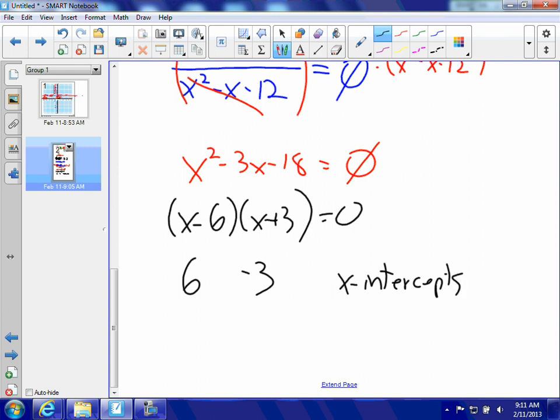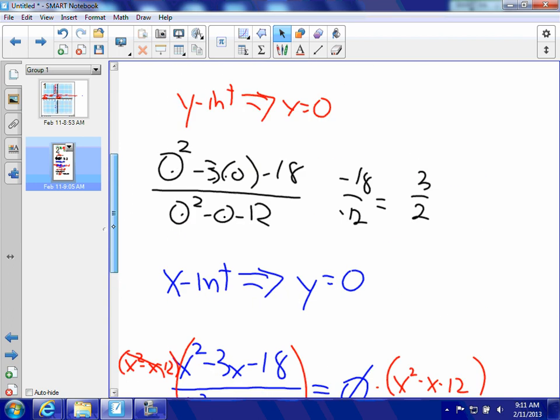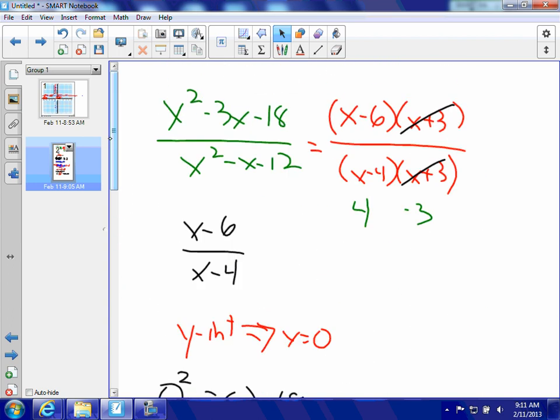Except, I have a problem with this one here at negative 3. And my problem is, I know that at negative 3, that would make my denominator 0. And like the overriding, most powerful thing going on in these rational functions is that the denominator cannot be equal to 0.